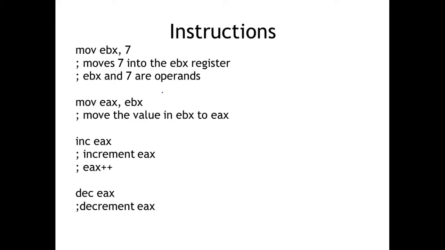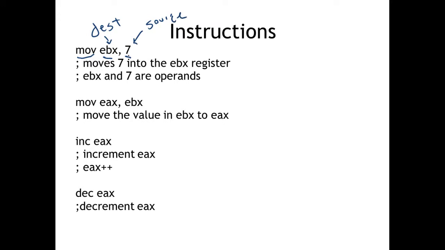So let's look at some examples, very similar to the one we just looked at in the previous slide. Here's our mnemonic. We're going to move into EBX a hard-coded value of 7. What can trick people up, especially getting started with assembly, in this particular syntax, is that this is the destination right here, and this is our source.